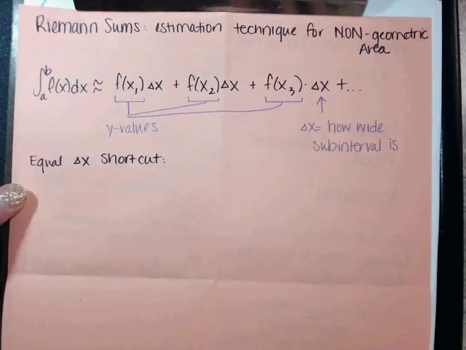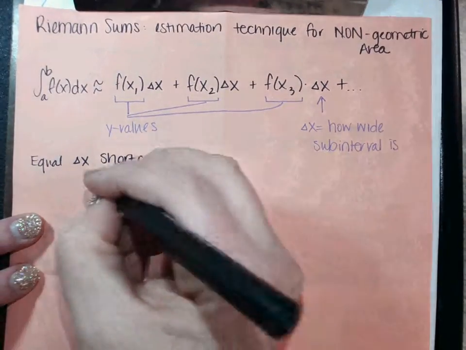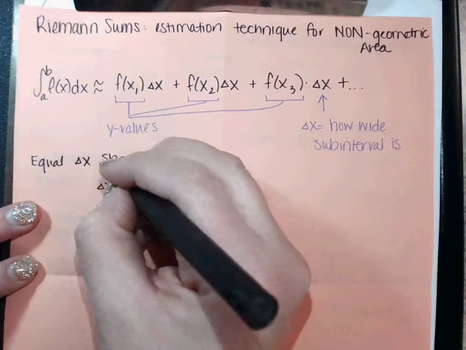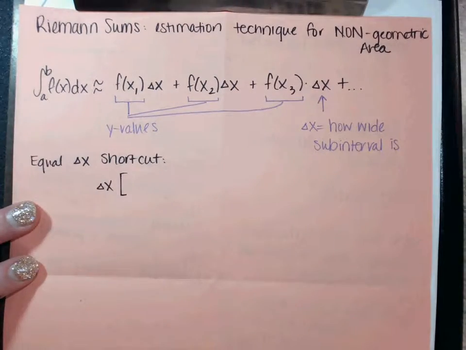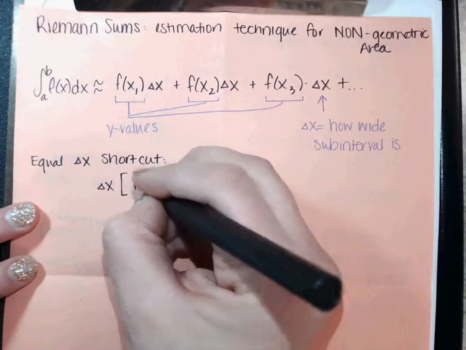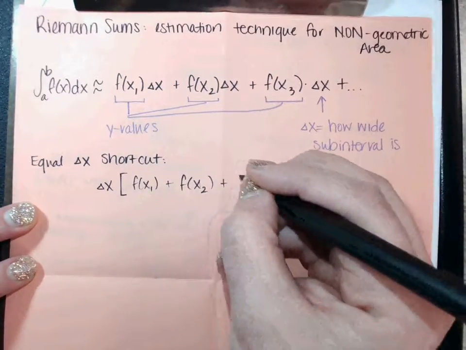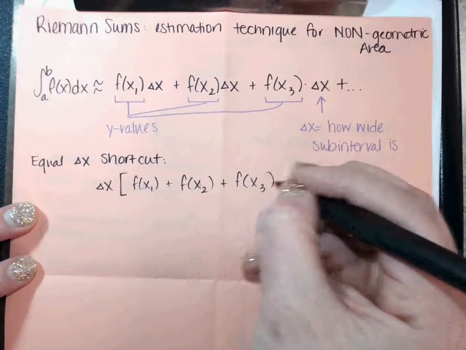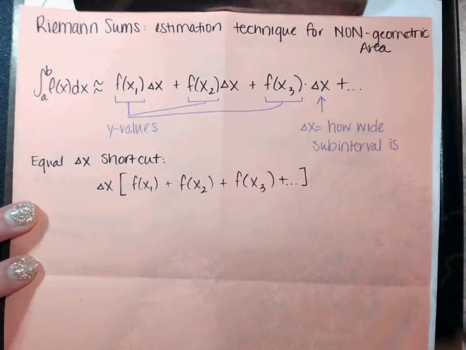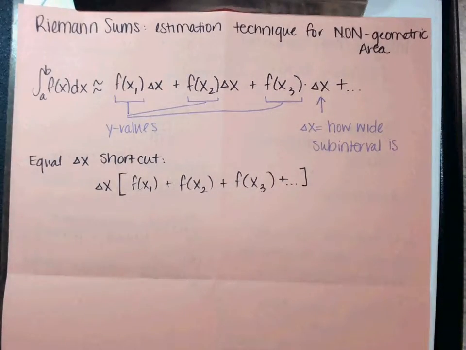Remember that if your delta x is always the same, you're allowed to pull it out, and then just add up your f of x1 plus f of x2 plus f of x3 plus ... But remember that you can only do that if your width is constant the whole time.